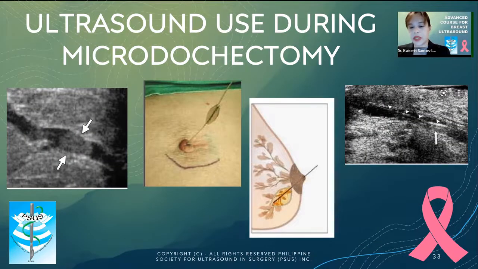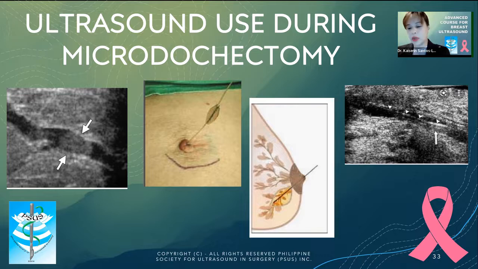For this patient, on diagnostic ultrasound, she was very young, nulliparous with bloody nipple discharge from a single duct. It was identified that there was a nodule within a dilated duct. So during microdochectomy, once the probe was inside, we used the ultrasound to confirm if the probe from outside was contiguous with a dilated duct, and if this is the duct within which the target nodule was located.